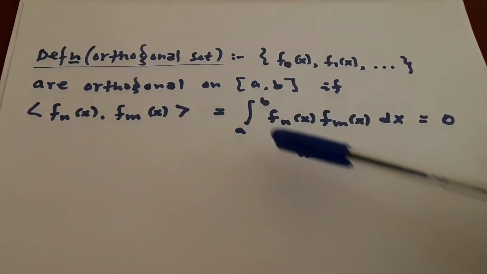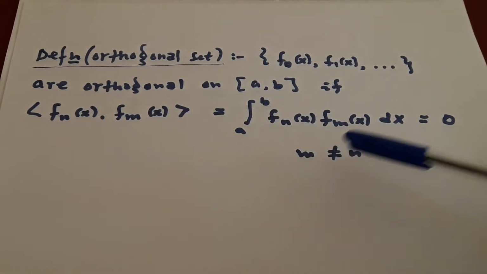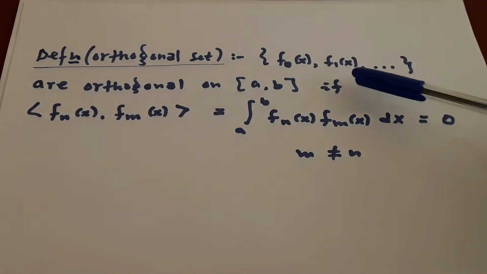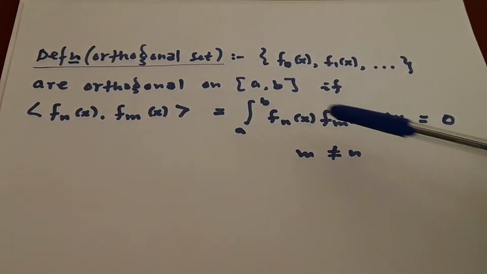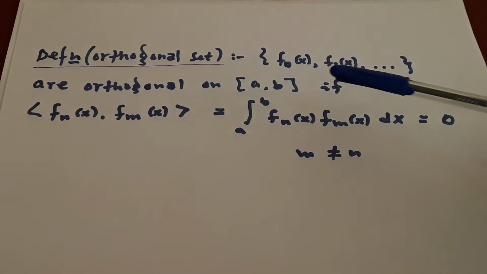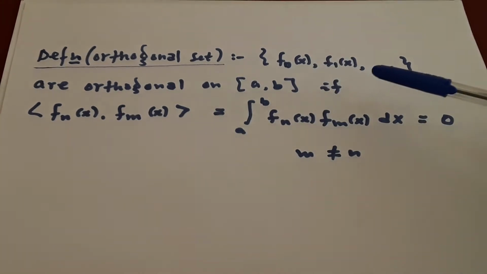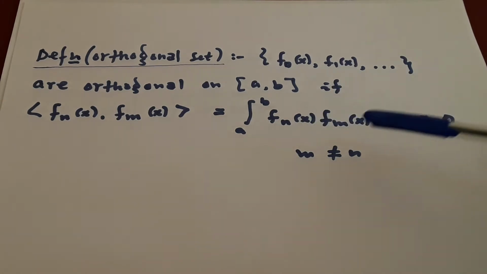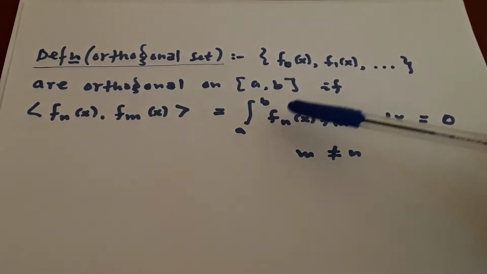So if the integral from a to b of the product of fn and fm dx equals 0, then fn and fm are orthogonal, so the entire set is said to be an orthogonal set on the interval AB if every pair of individual functions is orthogonal on the given interval AB.